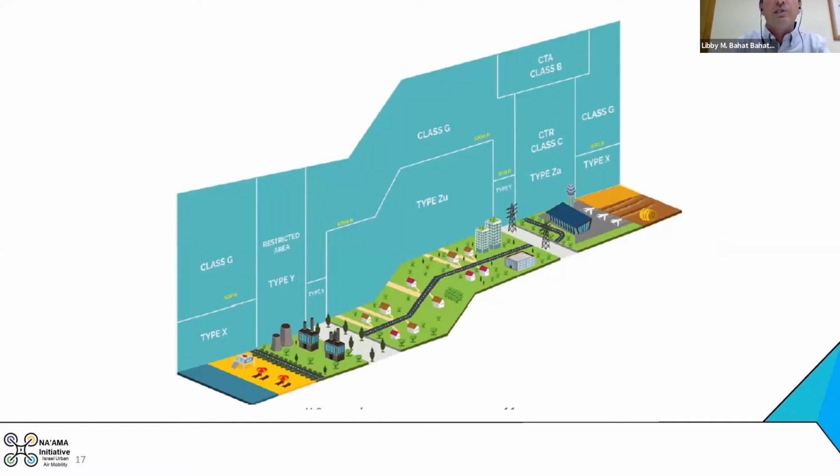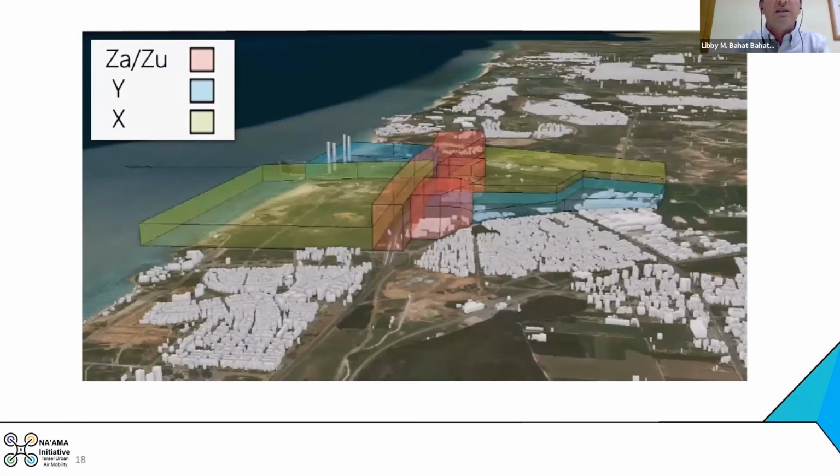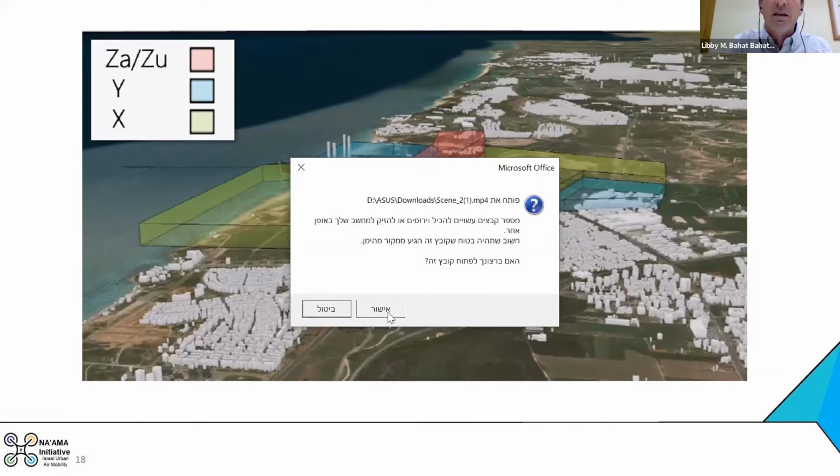We followed closely, as we talked about, the European regulations, the blueprints, the types of airspaces. This is a demonstration, an animation that was prepared by AGL Aviation, a consultant company we're using. Remember the top two left parts in Hadera city.